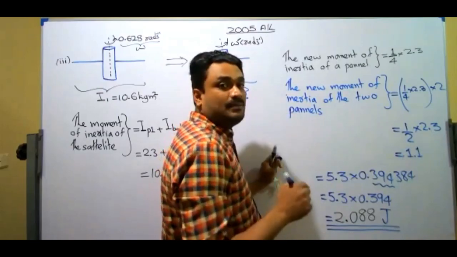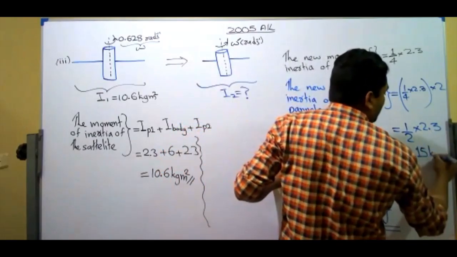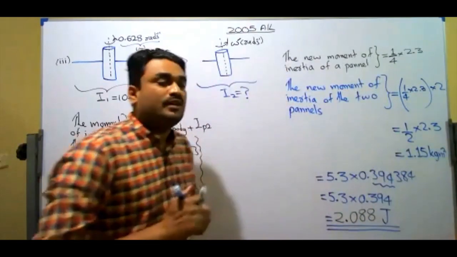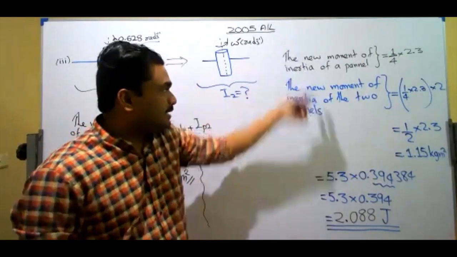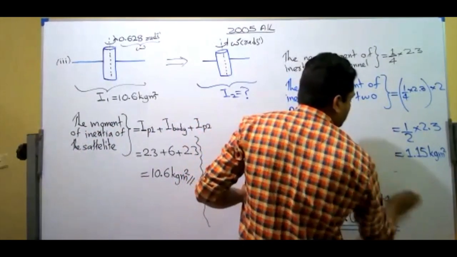Then we put the decimal point. That 1 becomes 10. 10 divided by 2 is 5. So 1.15 kg m squared is the new moment of inertia of the two panels. Write the two statements quickly.